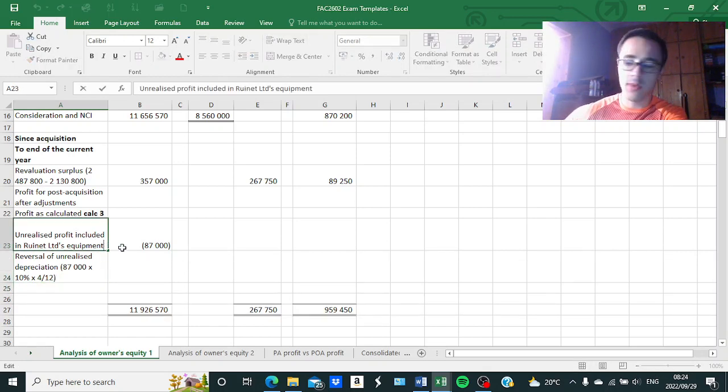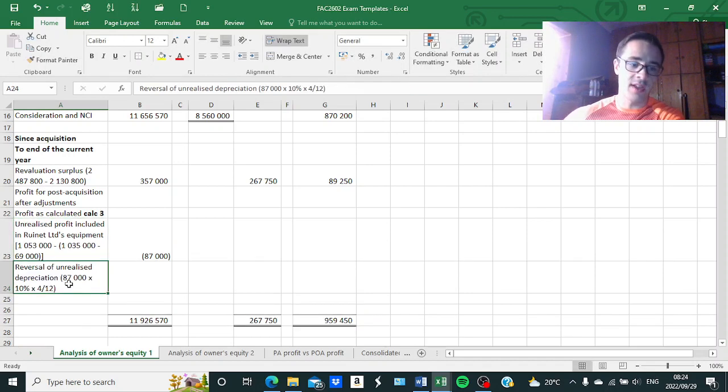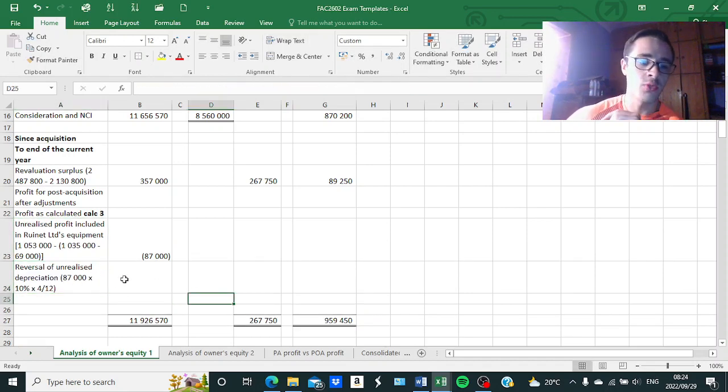The same for the equipment. We have taken the selling value and then we subtracted the actual carrying value of the equipment on the date of sale. And that has given us the value of 87,000. Okay, and the depreciation reversed.